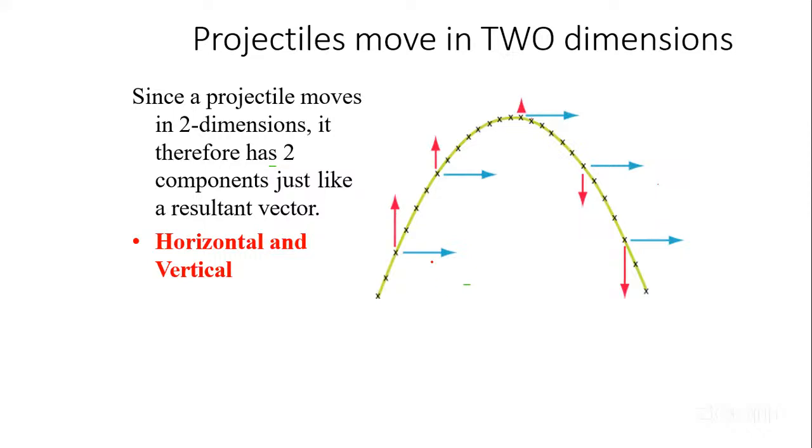So this is what we have here. The object is thrown up with an initial velocity u. Since it is going up and also moving away, it is going to have both a horizontal component and a vertical component.